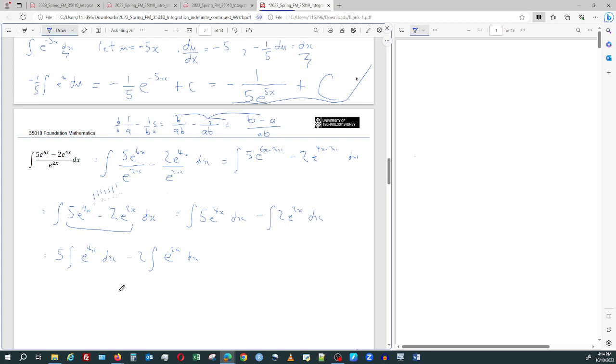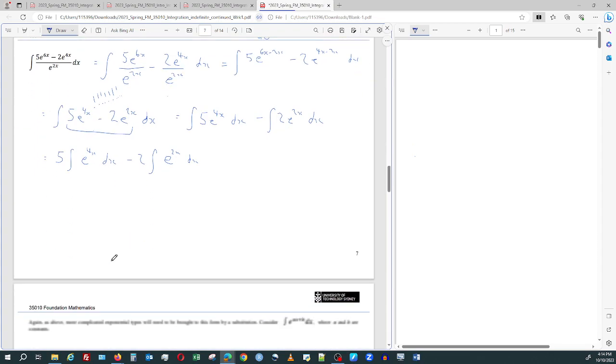All right. So now that we've got it to there, really we're just trying to integrate e to the 4x. So that requires us to use a u substitution. Let u equal 4x.